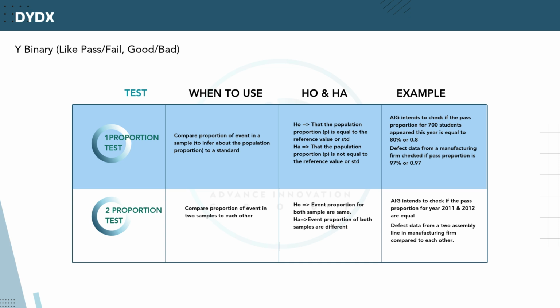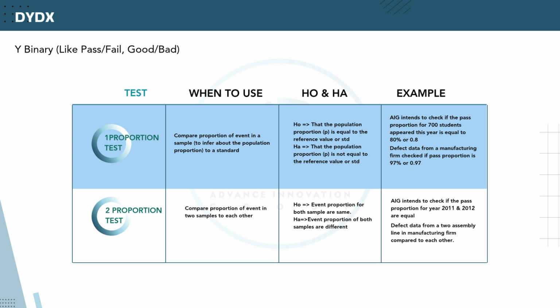Hypotheses. H0: Population proportion is equal to the reference value. H1: Population proportion is not equal to the reference value. Examples. AIG wants to check if the pass rate for 700 students is 80%. A manufacturing firm checks if the defect-free rate is 97%.